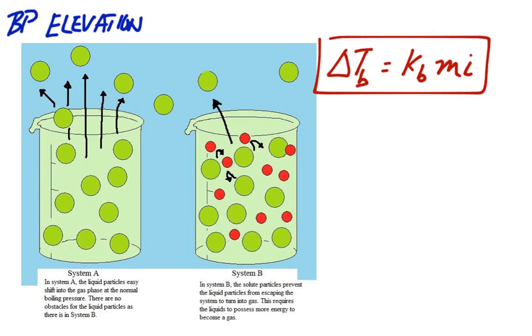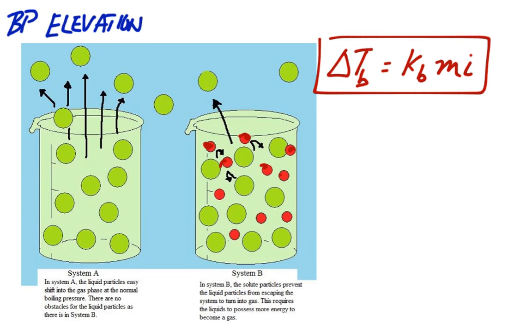However, when you add any solute, you're going to resist. Think about the solute, the red particles in the second picture, as being tiny little barriers that prevent that ease of access out of the top of the beaker. So the more solute you add, the more little guardians you add to the top of that, the harder you make the escape route of that particular solvent.